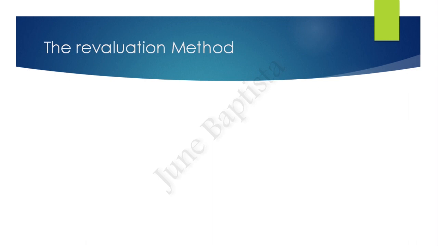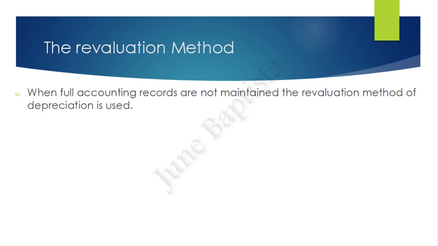Let us now look at the third method for calculating provision for depreciation of non-current assets, the revaluation method. When full accounting records are not maintained, the revaluation method of depreciation is used. Assets are valued at the end of each year.